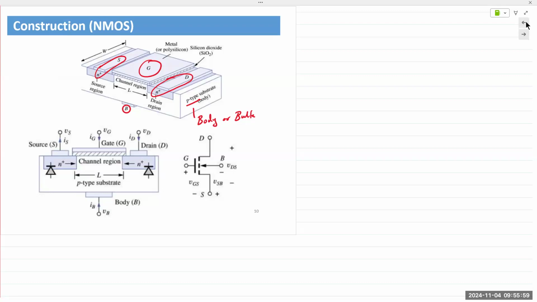Okay. So that's the construction, but you can see N-type material implanted inside P-type material creates a PN junction. So for this reason, the drain and the source must be reverse biased with respect to the bulk of the substrate.